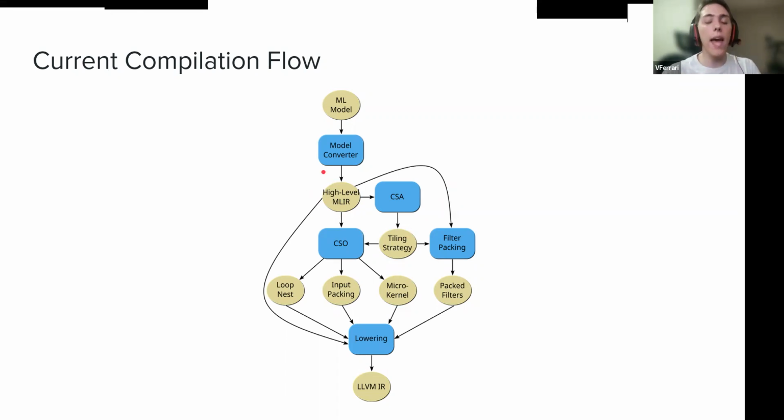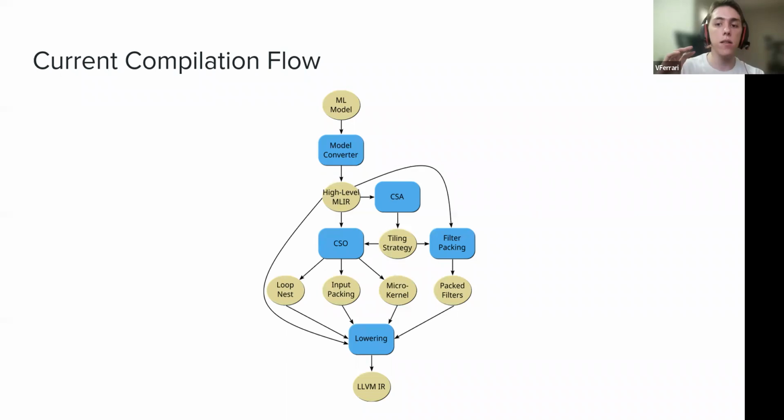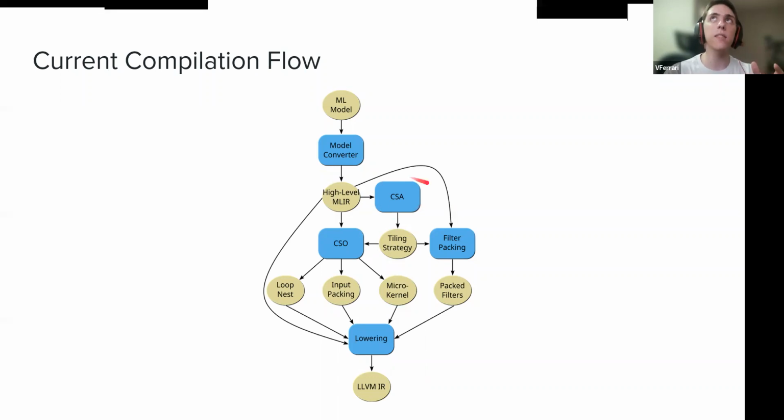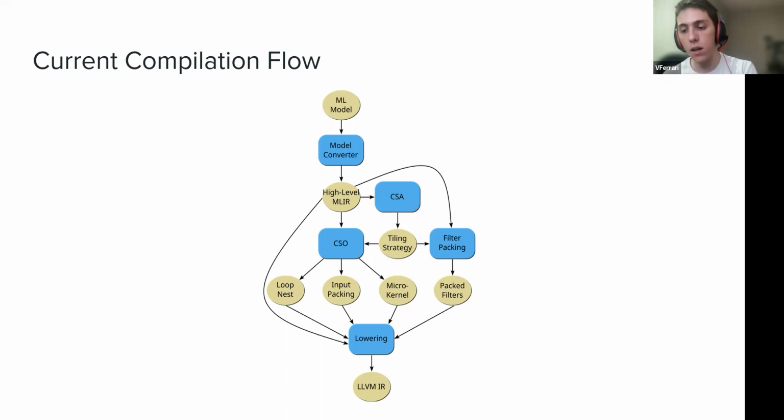At this point, we have all the information that we need for the convolution: the convolution shapes and basically every piece of information needed to generate an optimized implementation of these convolutions. So at this point, we run the analysis pass, using the hardware information and the convolution information to generate the best tiling strategy for that hardware and that convolution specifically. We do this for every convolution inside our model.